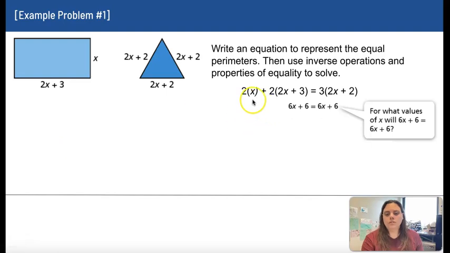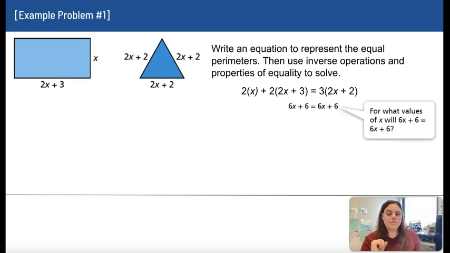When we distribute, we'll just get 2x, and then here we'll get 4x and 6. So 2x plus 4x is how we get this 6x, and 2 times 3 is how we get the 6. On the right side, distributing the 3 times 2 is 6x, and 3 times 2 is 6. So I've just distributed and combined like terms to get to my simplified version of this equation.